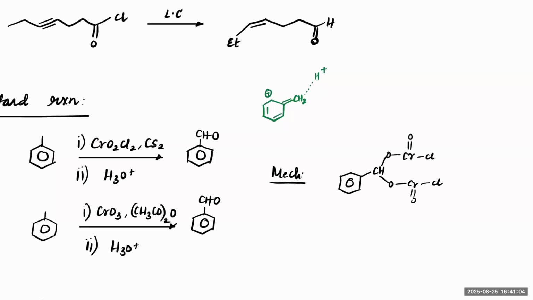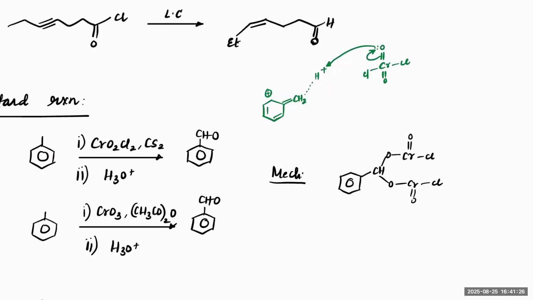And whenever there is a hyperconjugated structure, the oxygen present on chromyl chloride will accept this H plus like this. Cr, C double bond O, C double bond O, Cl and Cl. So what happens? This lone pair will take away H plus, and now chromium is getting positive charge.